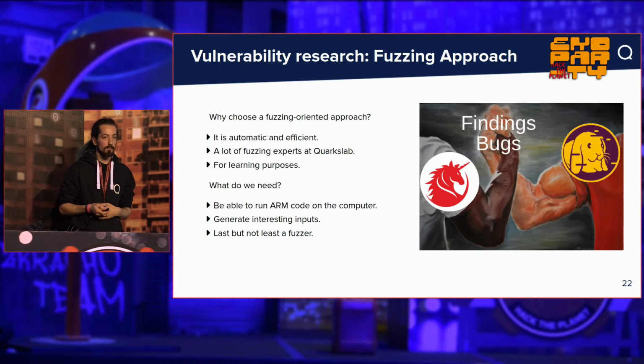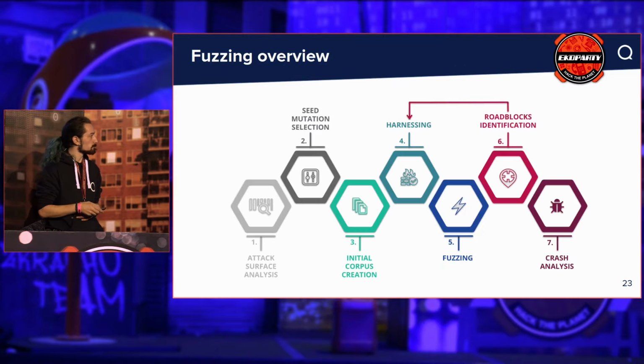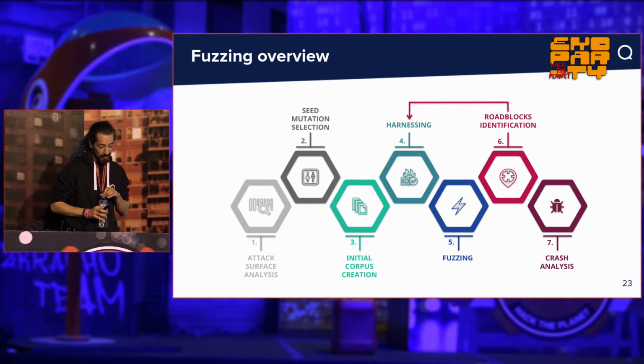So talking about fuzzers, let's first talk about how fuzzing typically works. This is an overview of the fuzzing process. You need to start by investigating the entry point you want to test in your code. Generally, it will be a function that you want to test.